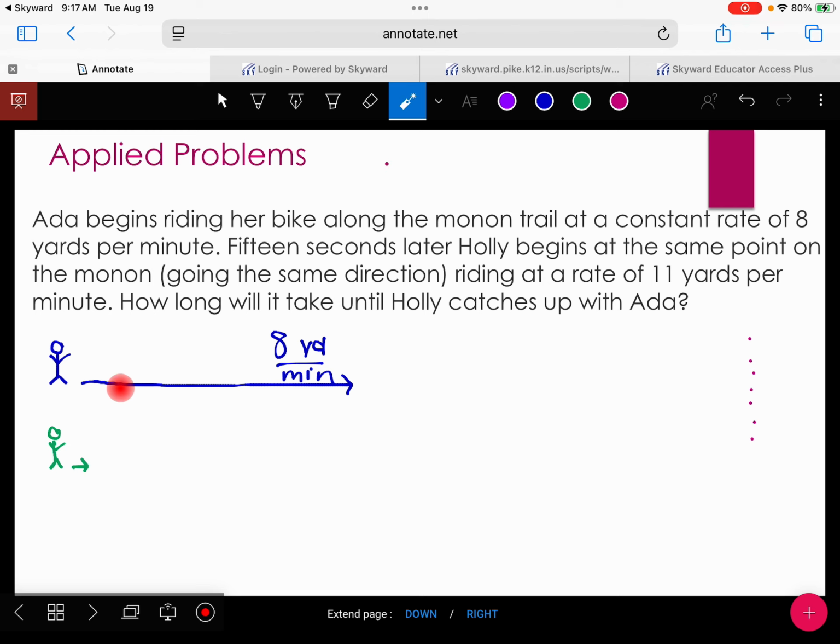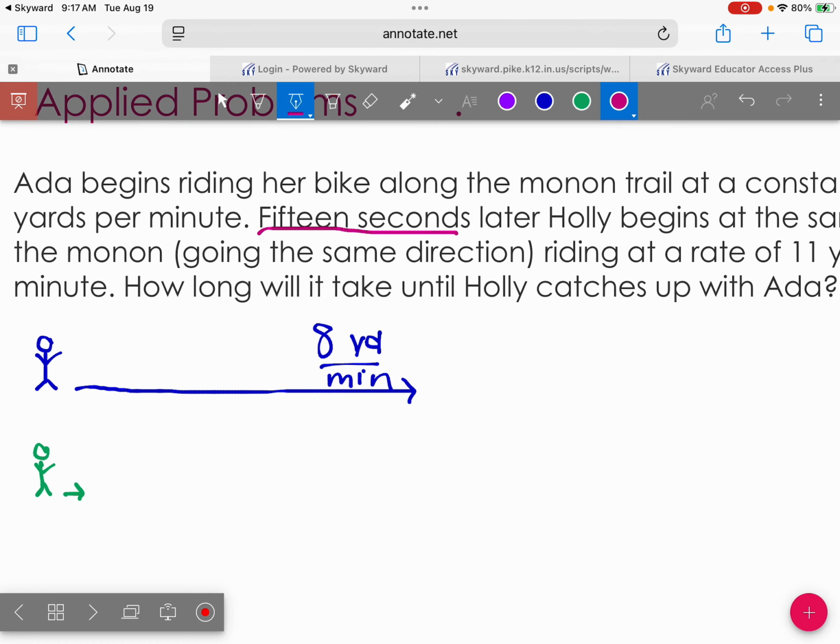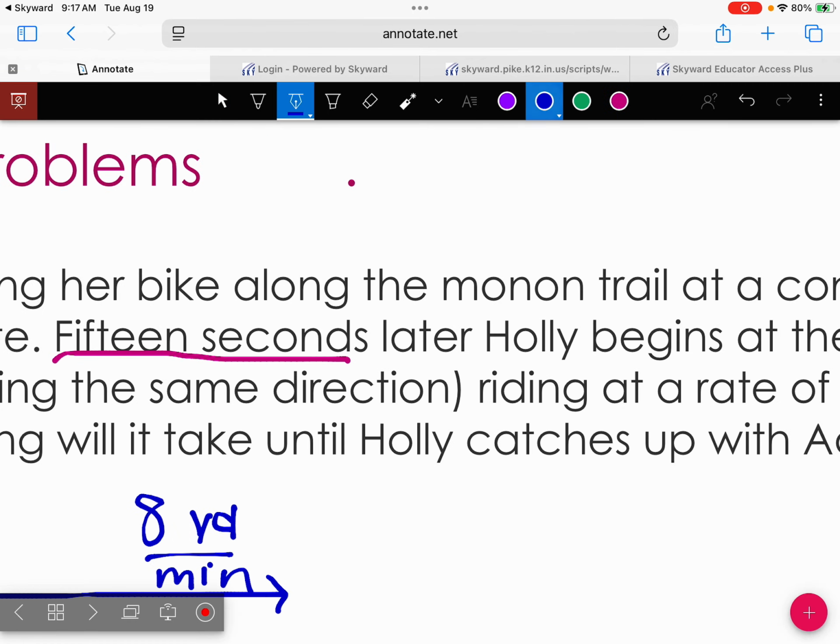So if Ada begins riding at 8 yards per minute, and we have to wait for 15 seconds, how much of a minute is 15 seconds? A quarter. So if she goes 8 yards in a minute and we need a quarter of a minute, how far did she go? 2 yards.